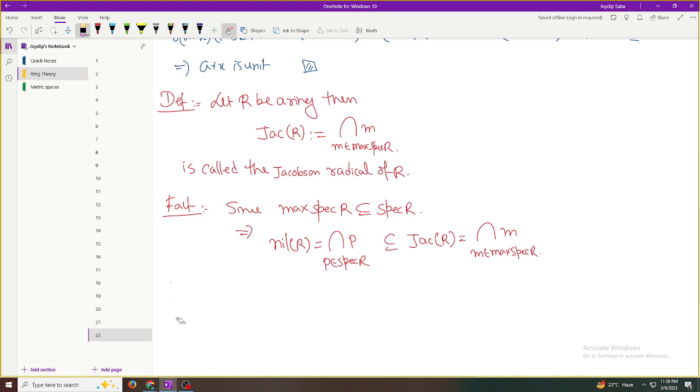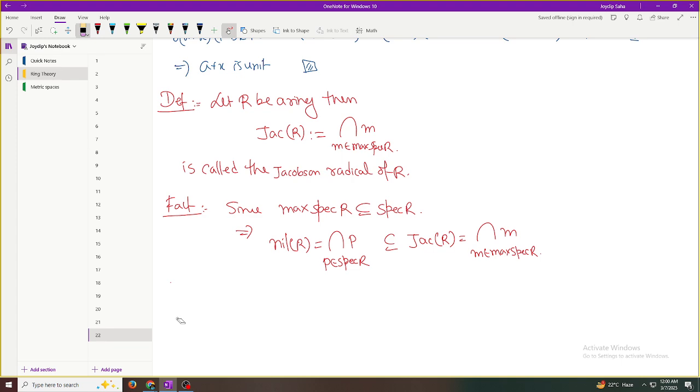Now what is the nil radical of Z[x] at first? Tell me, anyone? Just an oral question. Z is an integral domain. Therefore Z[x] is an integral domain.